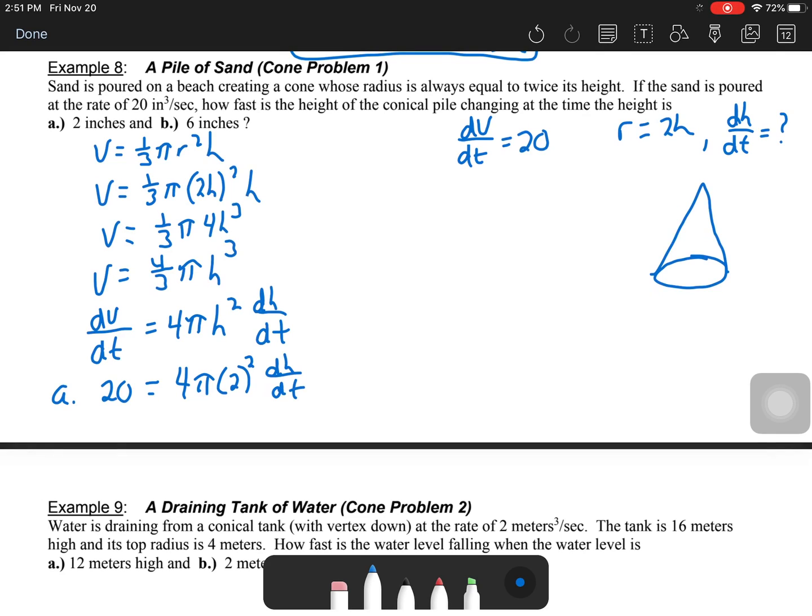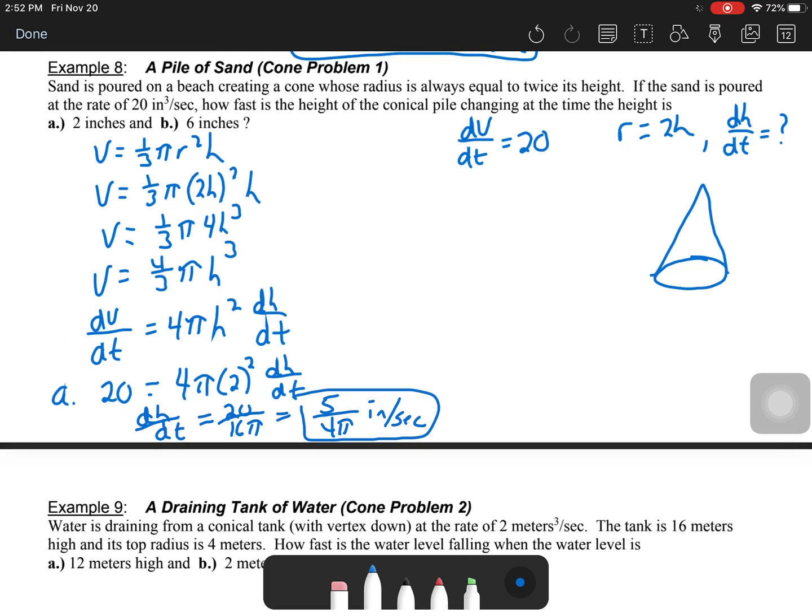I'm solving for dh/dt. So that's 16 pi dh/dt, and if I divide that out, dh/dt equals 20 divided by 16 pi. I can simplify that a little and call it 5 divided by 4 pi, and that's going to be inches per second.